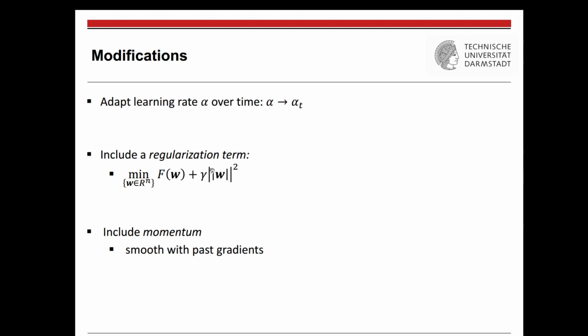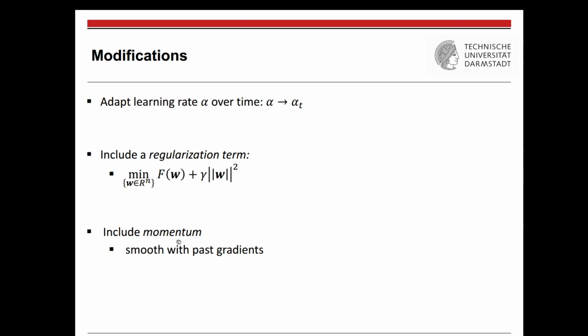I will talk about this in the next slide. And the third option, among many other options, is to include momentum. There, when we update at one time point, we calculate the gradient and update our weights based on that gradient.